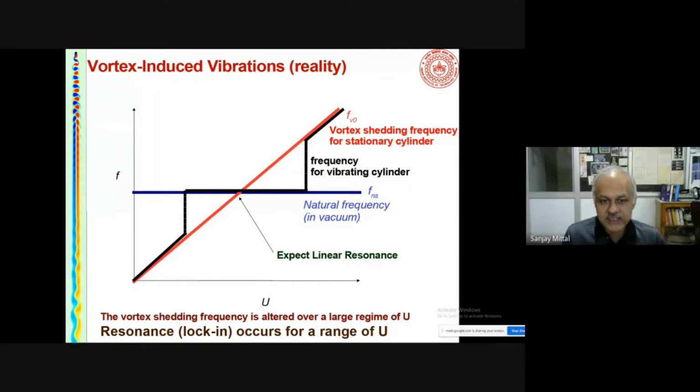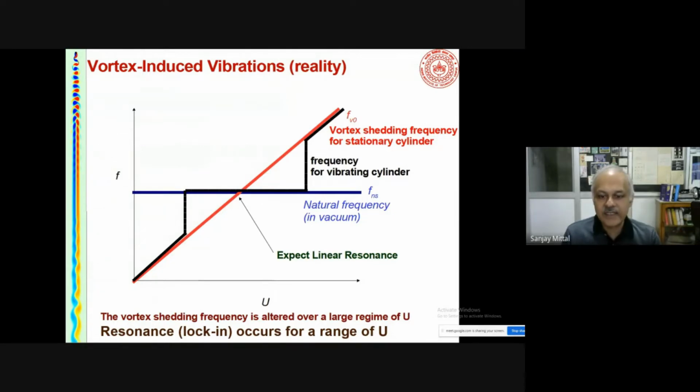For a range of speeds, it turns out that the vortex shedding frequency of a vibrating body changes to the natural frequency. So you get this black line where the vortex shedding frequency locks in close to the natural frequency. And then it jumps back to the original shedding frequency as if there was no structural interference. This is a very interesting phenomenon, and one could ask a lot of questions.